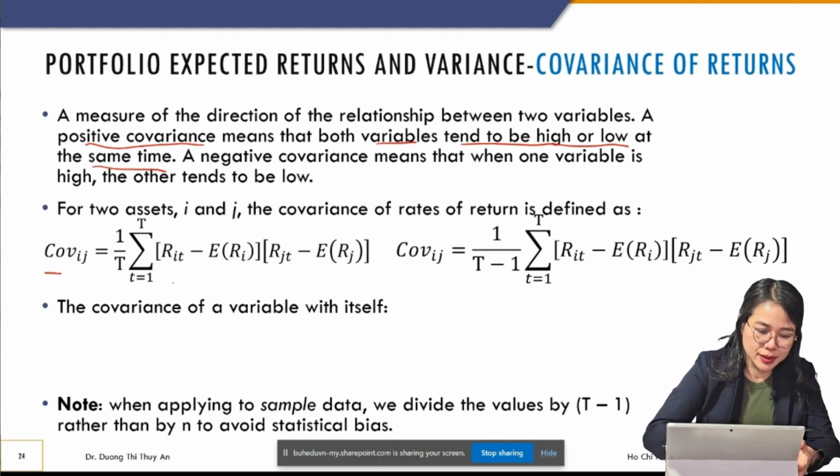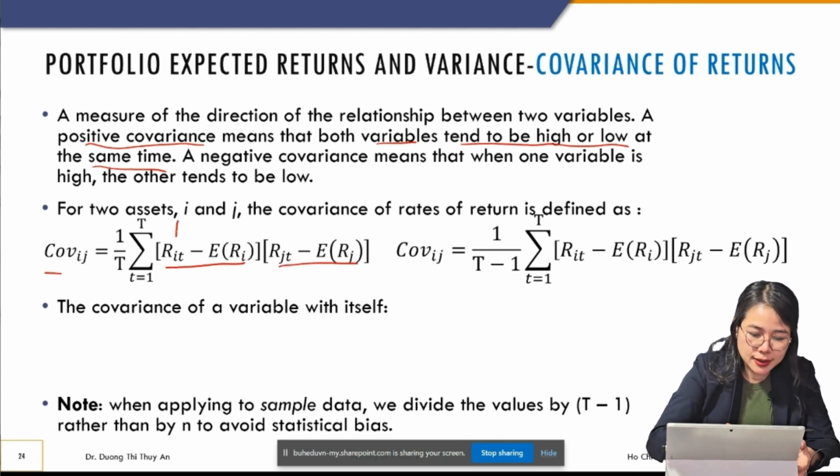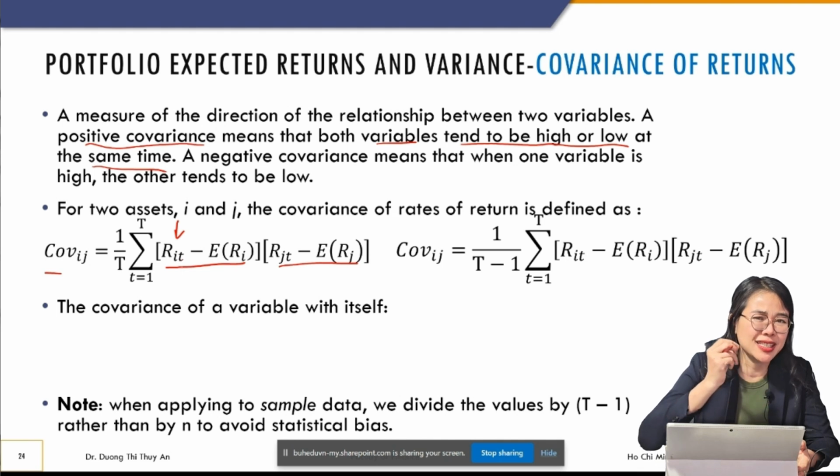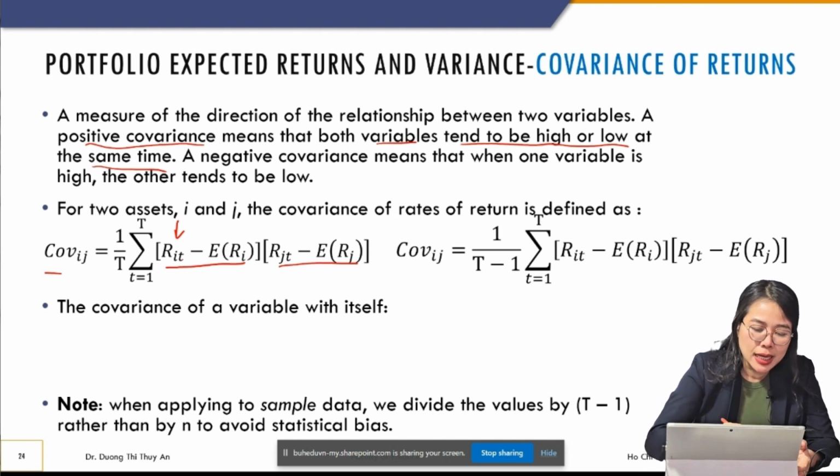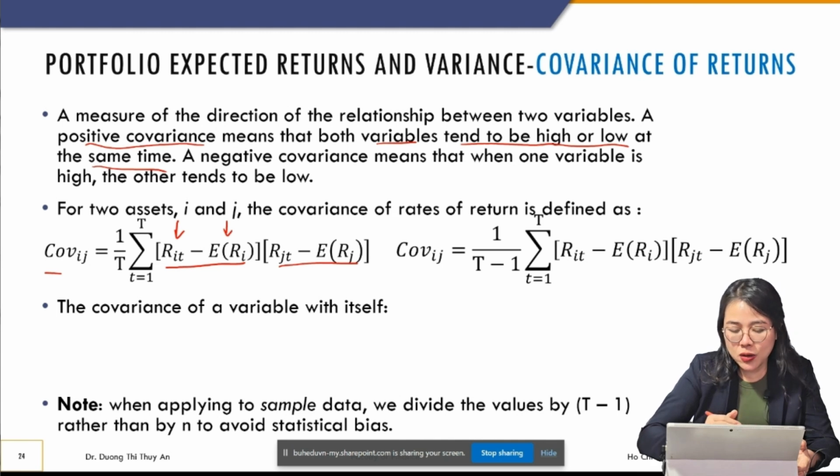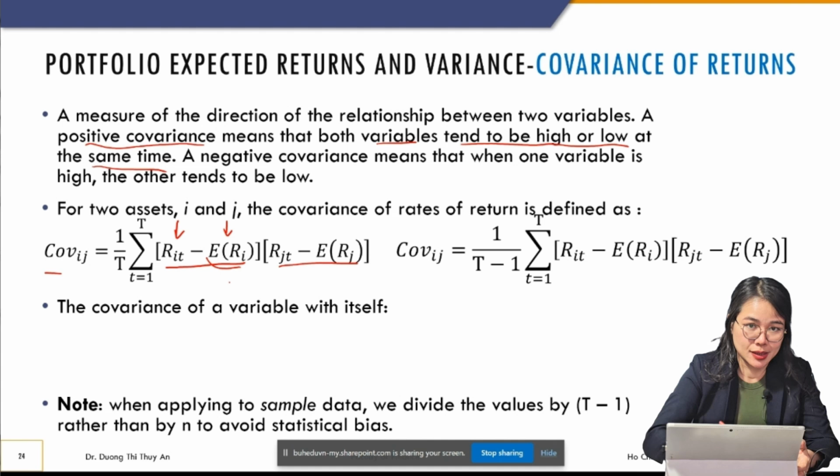Look at the formula. This is the return of stock I at time t, in any year or any period t, subtracted by the expected return of stock I, which is the average return. So this factor is the deviation of the return of stock I in any year from its average.